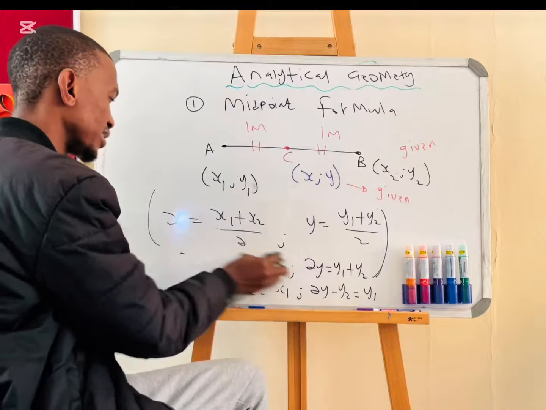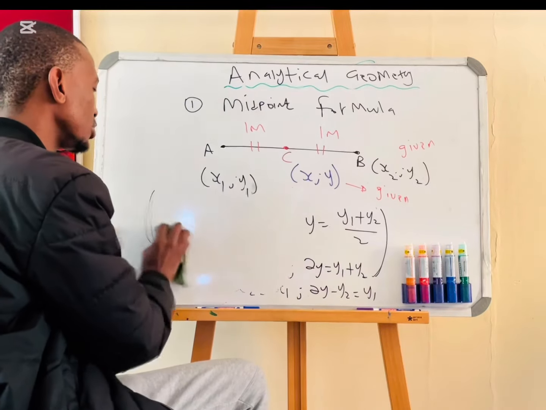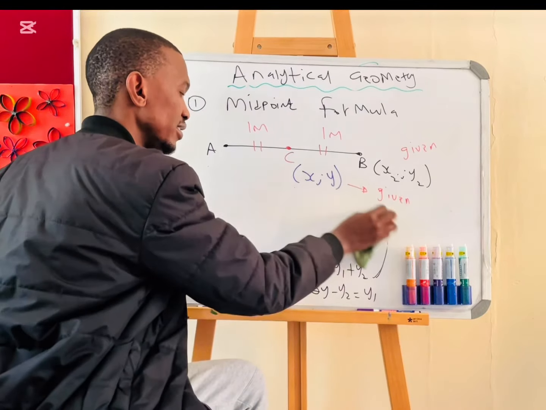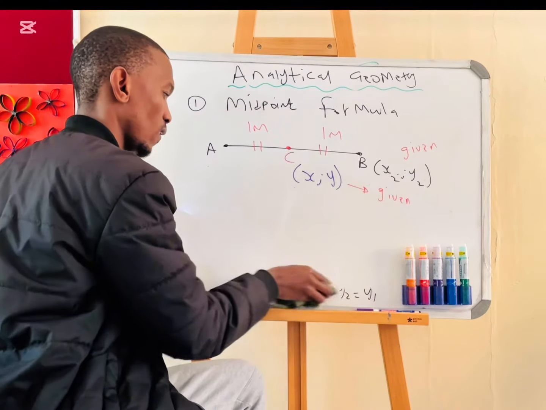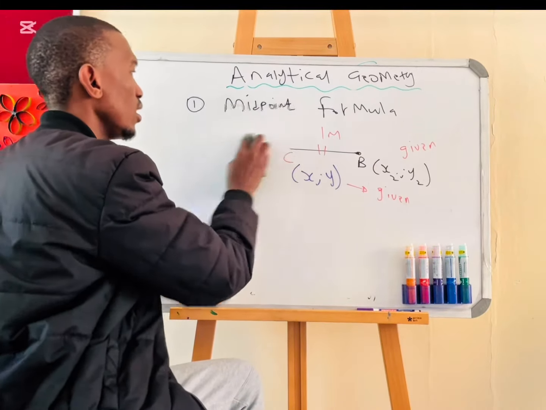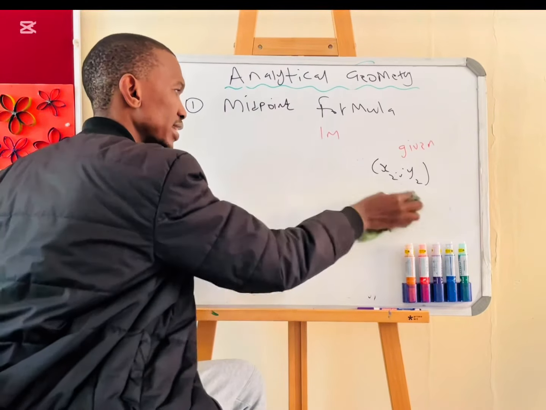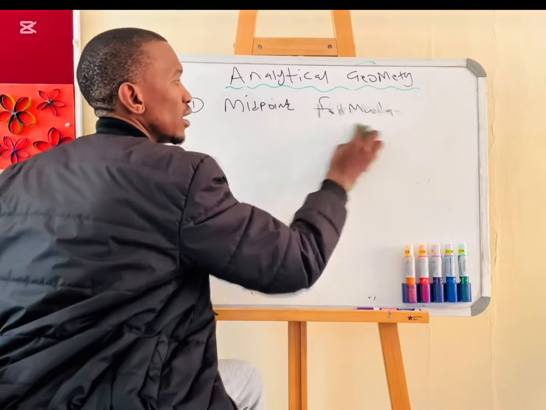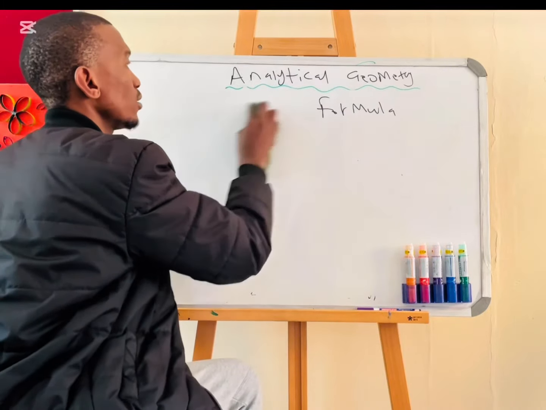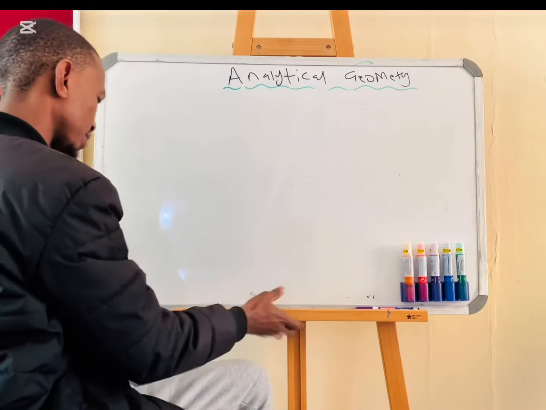So after midpoint, there is something called equation of a straight line. How do you find the equation of a straight line, guys? Or what are the formulas of the equation of a straight line? Because I don't think some people do know that, right?